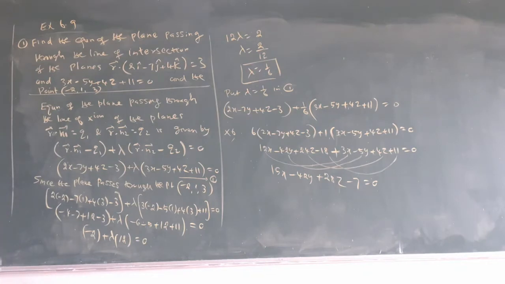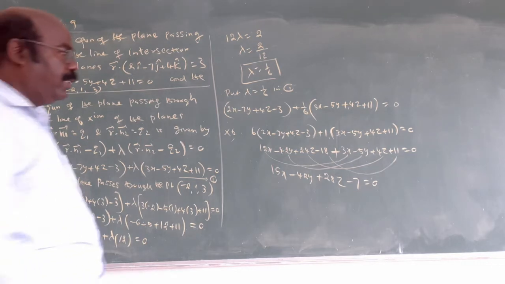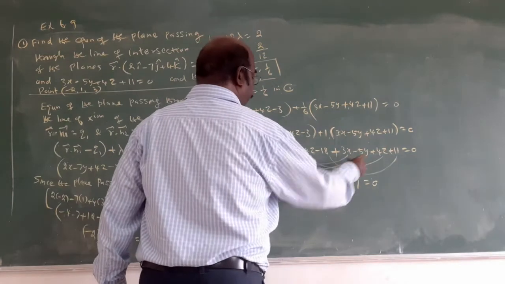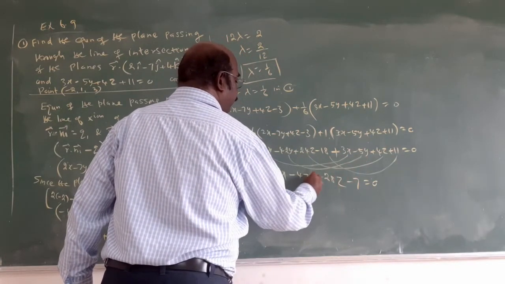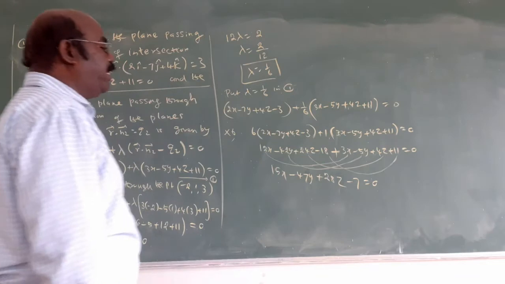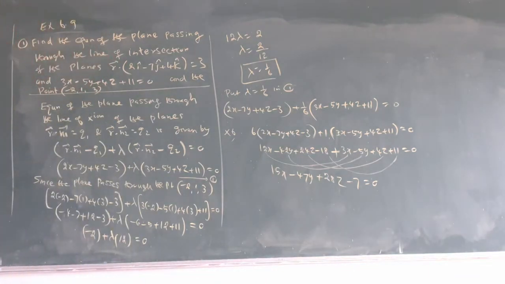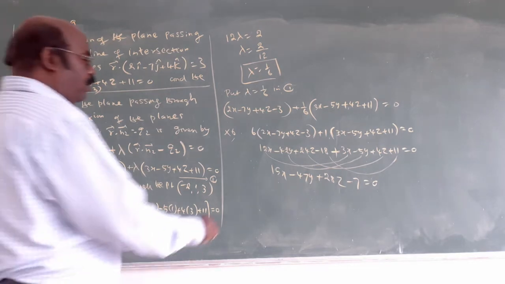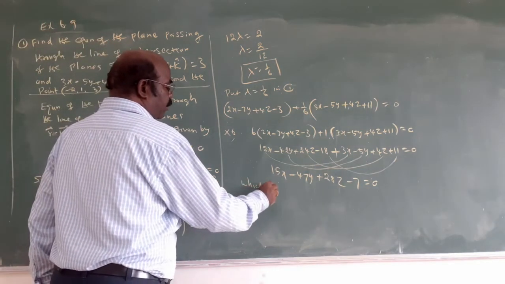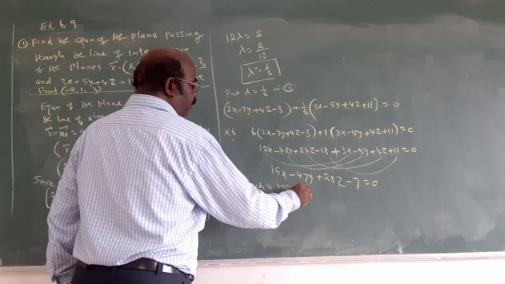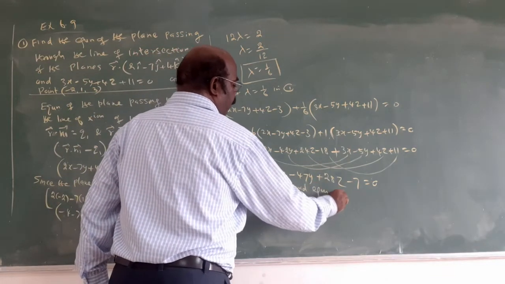Check your answer: 15x minus 47y plus 28z minus 7 equal to 0. This is the required equation of the plane.